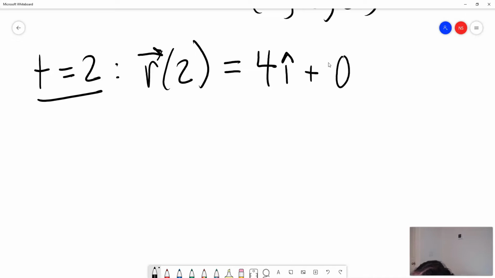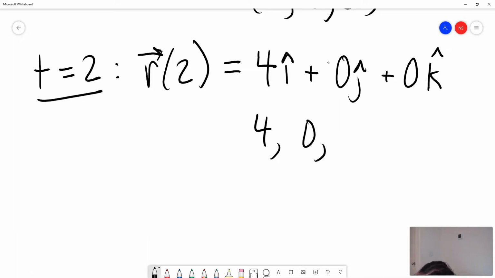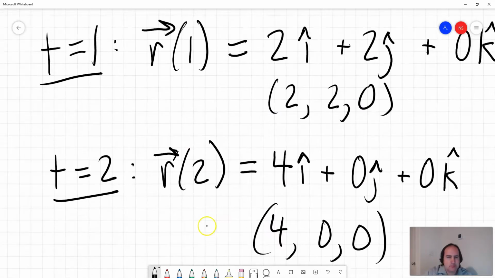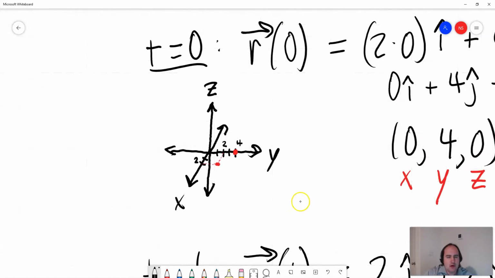So as a point, that is 4, 0, 0. And we'll talk about the direction, because obviously vectors have a direction, so it makes sense that a vector equation would have a direction. But first of all, we just want to plot these points. So this next point, x is 4, y is 0, and z is 0.